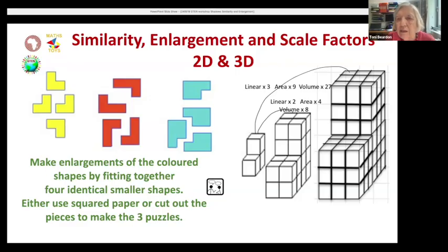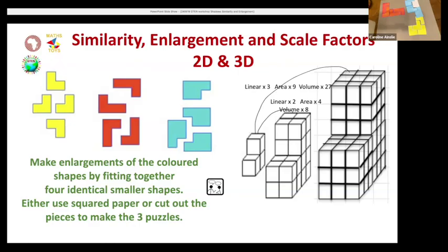On the right, we've got 3 small buildings made with cubes. Now, count the cubes in each building. Can you see that the smallest building is made with 3 cubes, it's an L shape, and it's the 3D version of the first of the 2D puzzles we did, the yellow one. Now the edge lengths of the other 2 buildings are doubled and trebled.